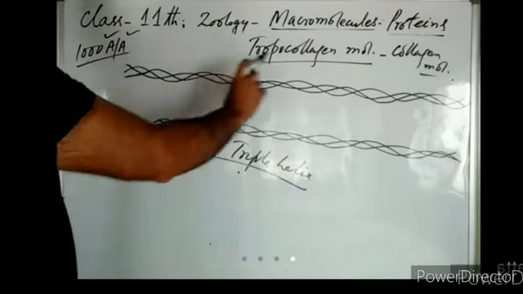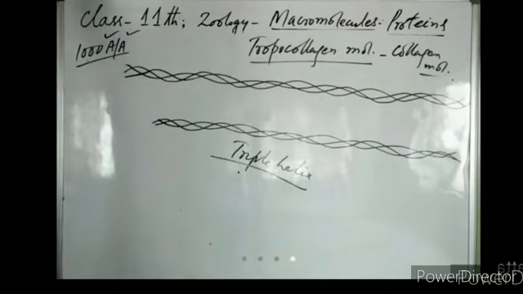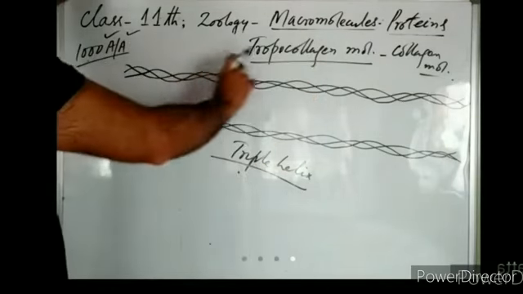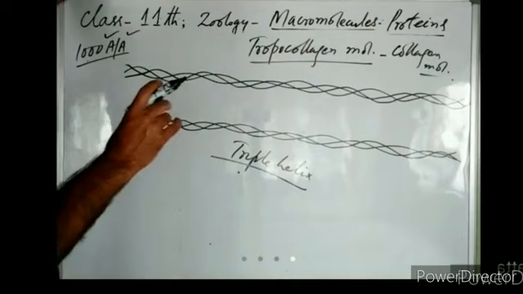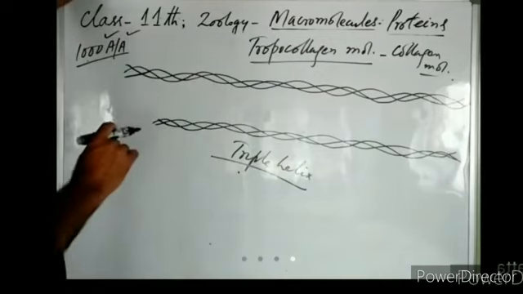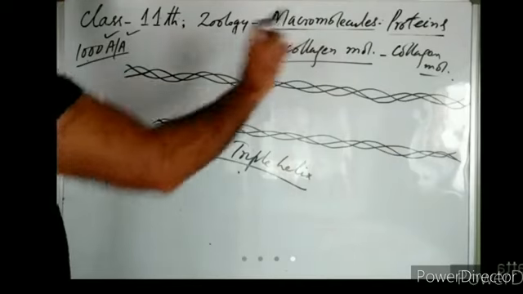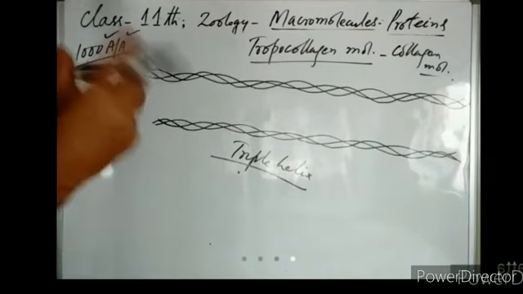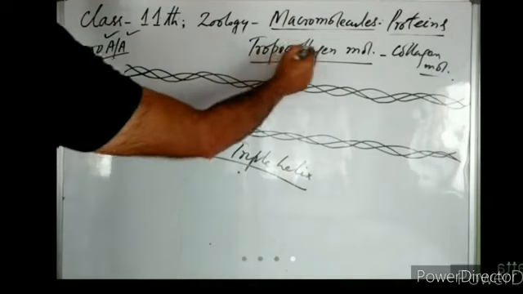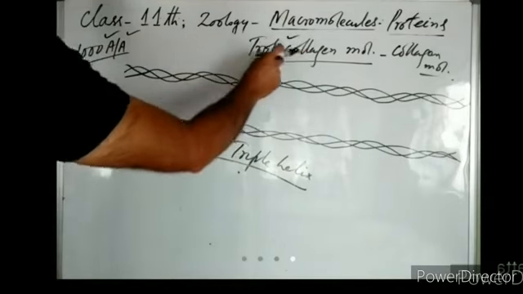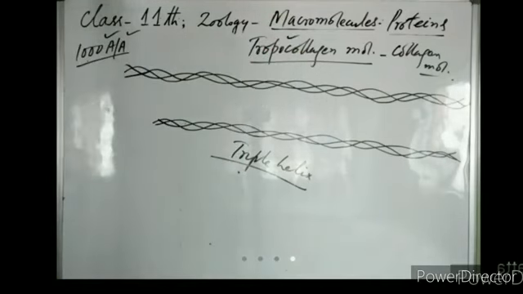Then another linear polypeptide chain of 1,000 amino acids. Then another linear polypeptide chain of 1,000 amino acids. They get intertwined over each other, and these three linear polypeptide chains form a triple helix. So this triple helical structure is found in tropocollagen or collagen molecule.